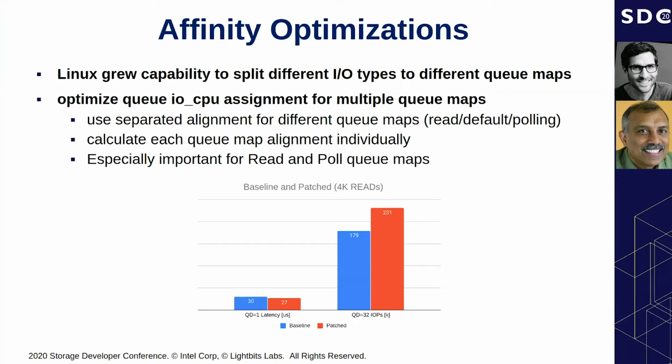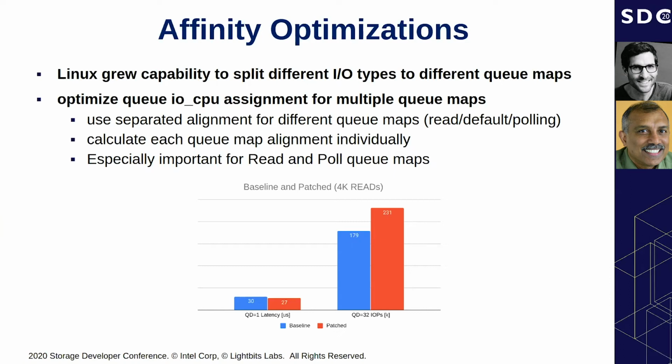So the alignment calculation or accounting now takes a symmetric approach where each queue map has its own accounting that fits pretty nicely with the CPU cores and the application affinity and the NIC interrupt affinity as well.